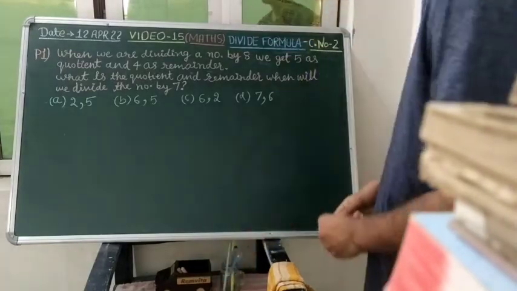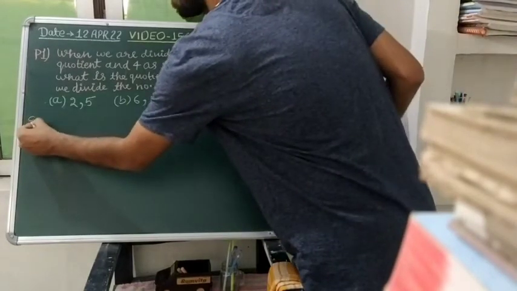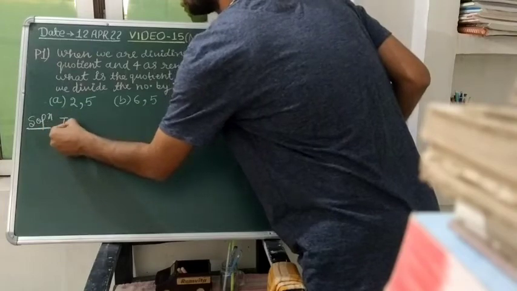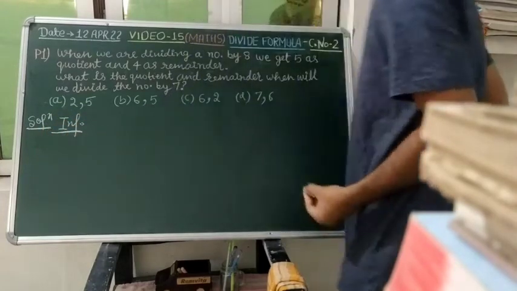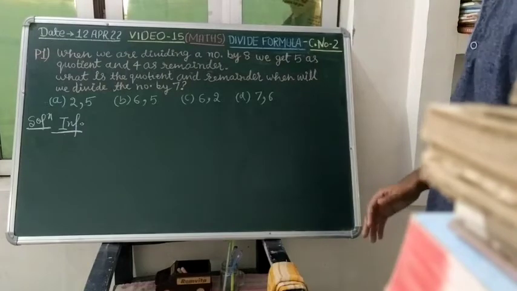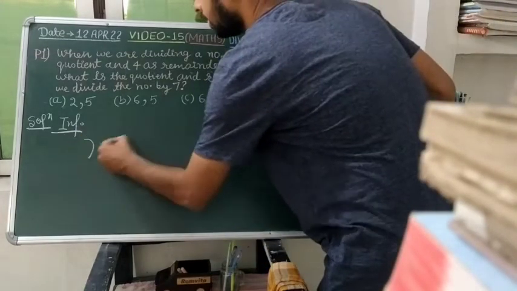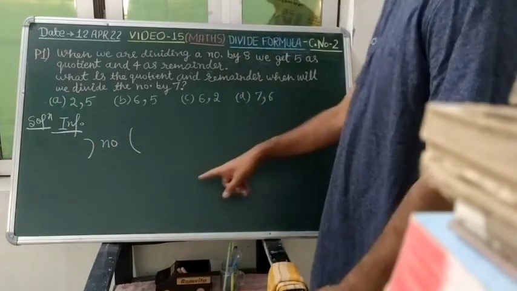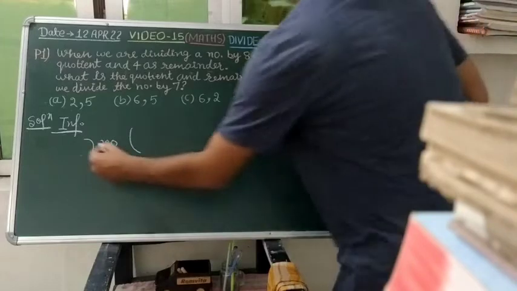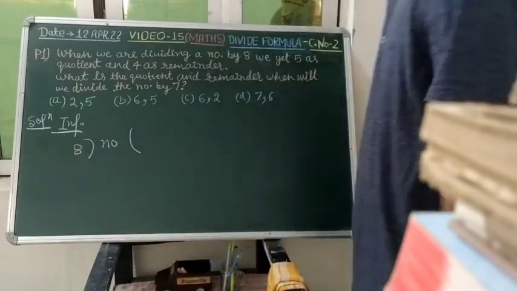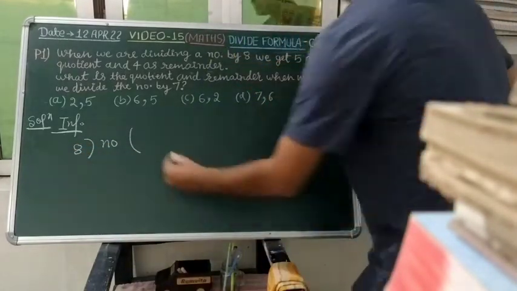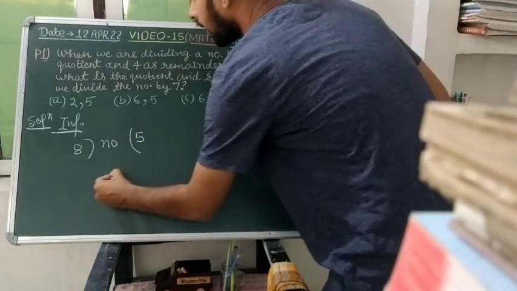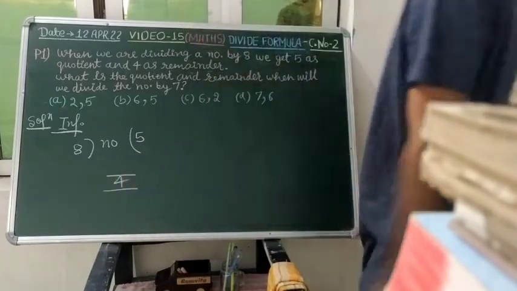Look here. The first information is that we are dividing a number, and that number we don't know. We are dividing the number by 8 and we get 5 as quotient and 4 as our remainder.